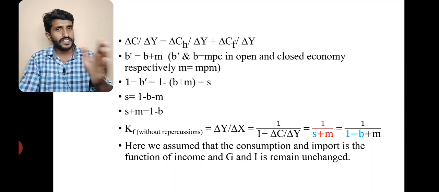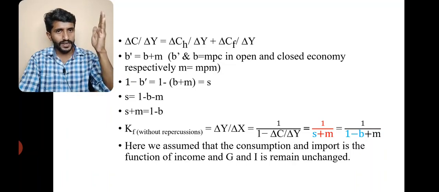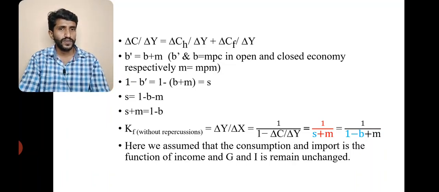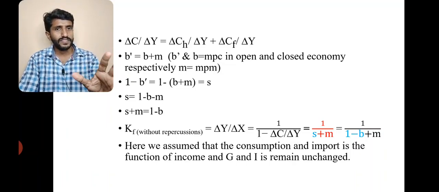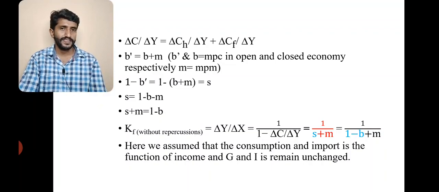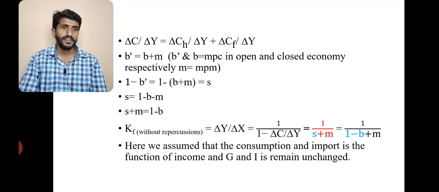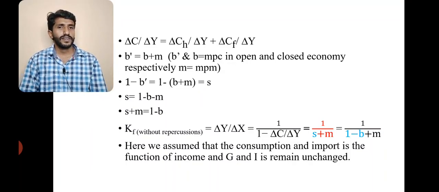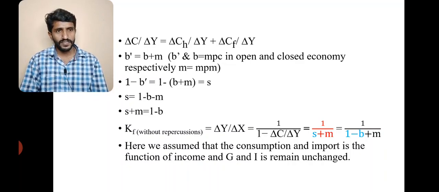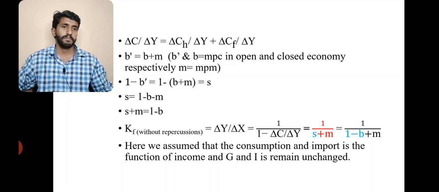I think these are all identities you already learned in macroeconomics class, so I am not spending much time explaining these concepts. So S is equal to 1 minus b. This equation can be rearranged so that the foreign trade multiplier without repercussions is 1 divided by 1 minus b plus m.